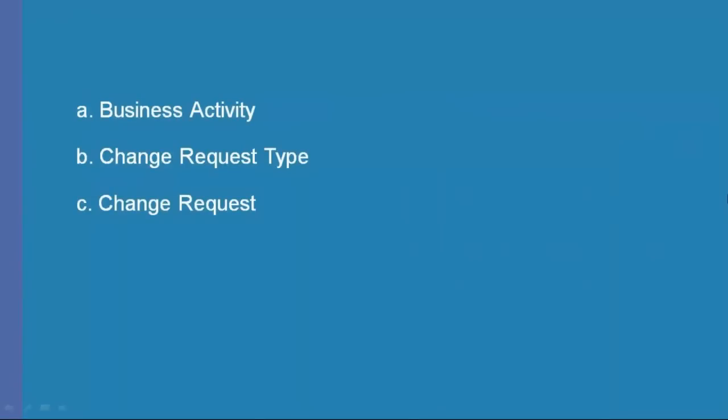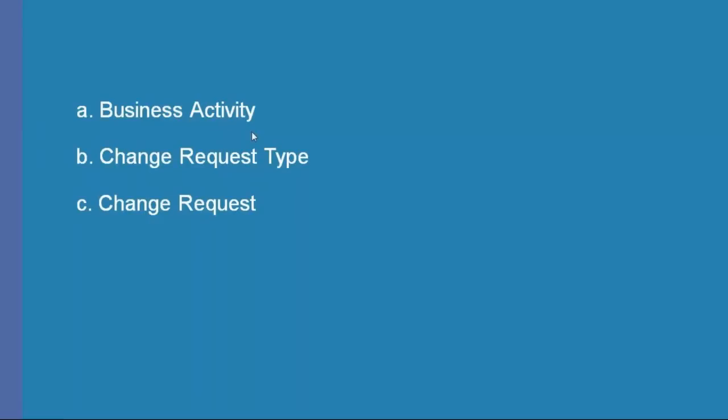While dealing with those different processes, we have to deal with certain things like business activity, change request type, and change request. To understand these, just visualize this: the change request is nothing but a table field. The change request type is the data element of that particular field, and the business activity is the domain of that field.